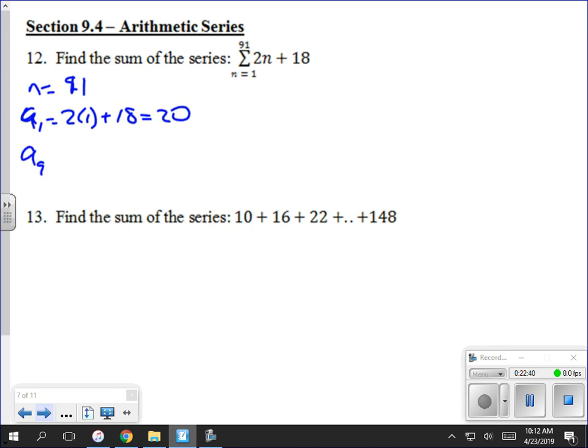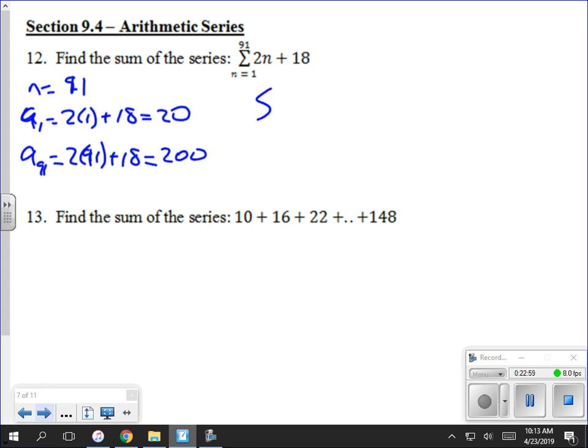A sub 91, the last term in my sequence. 2 times 91 plus 18. It's 200.